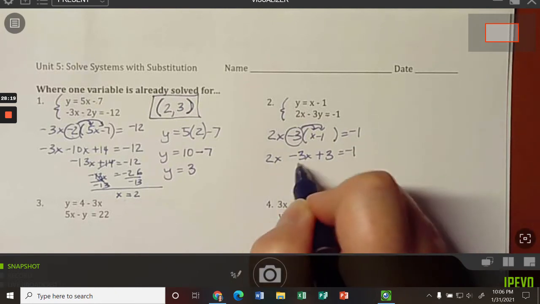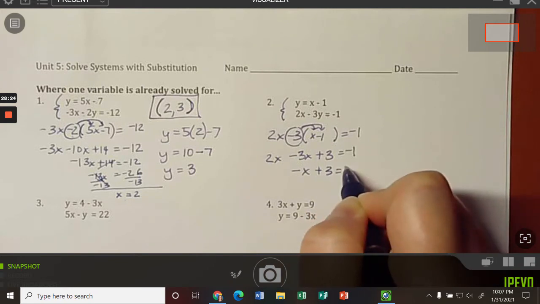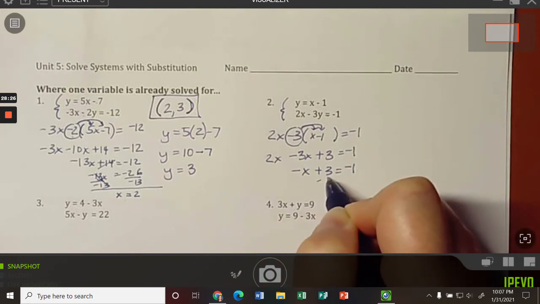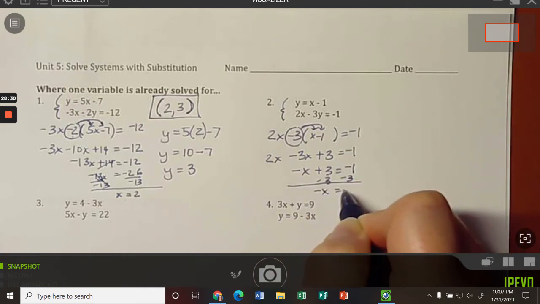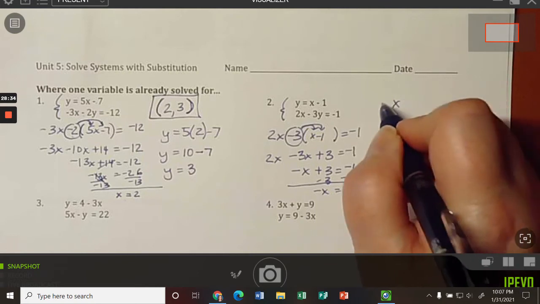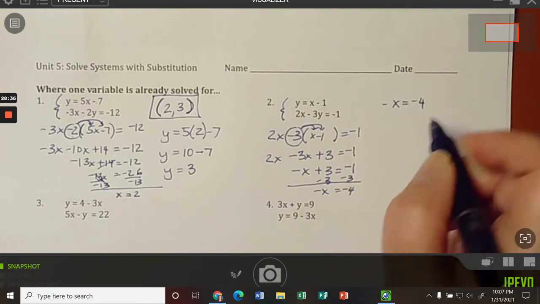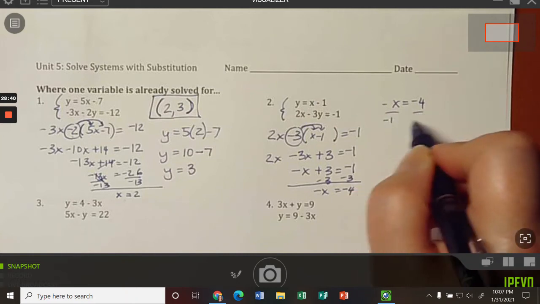Okay, then we'll combine like terms. 2x minus 3x is -x. Bring down the plus 3, bring down the equals -1. Subtract 3 from each side, and we get -x equals -4. So let's talk about that. If a -x is a -4, I can either multiply or divide each side by -1. I'll divide.